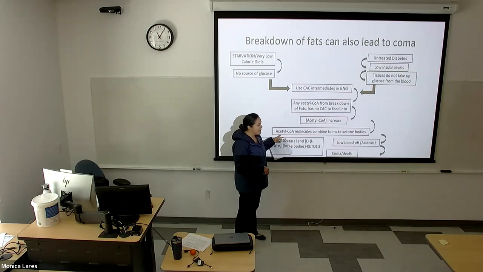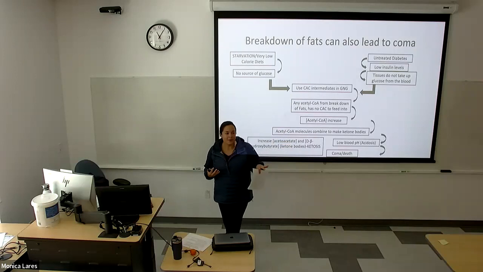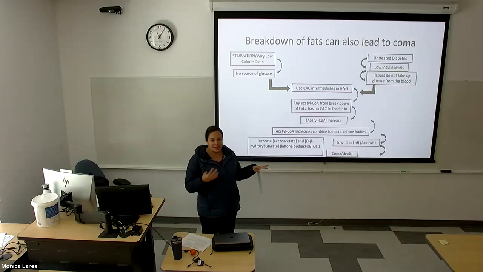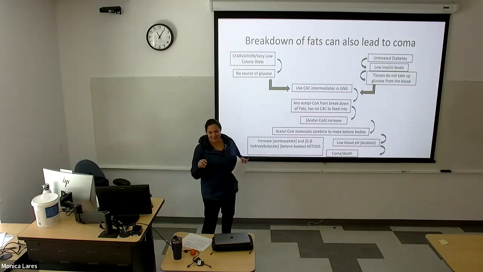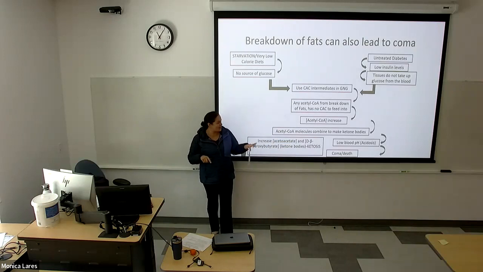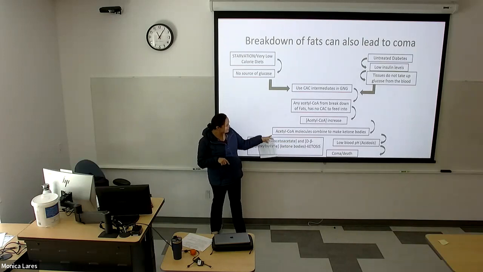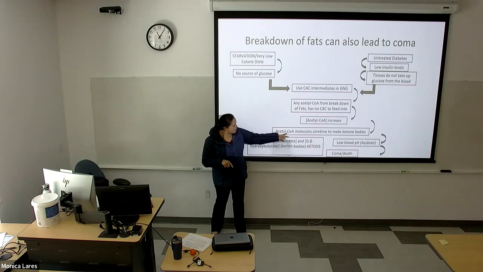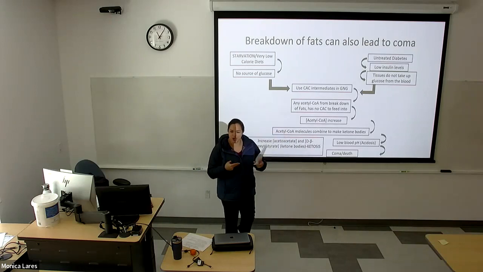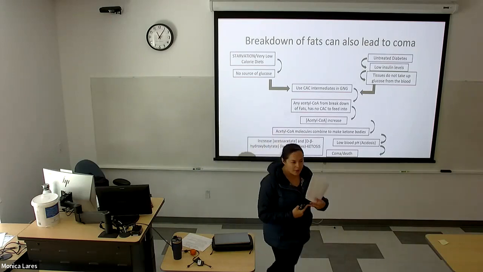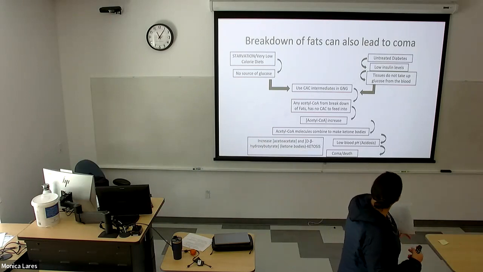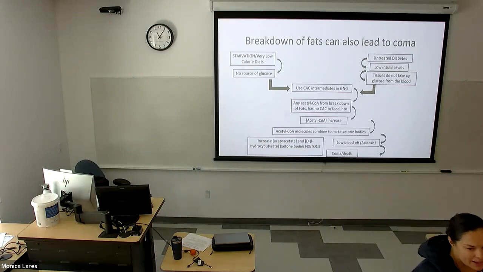Again, this comes at the end of chapter 17, but I found it helpful to bring it up at the beginning, so when we get to the end, it'll make even more sense. Keep this in mind when we're thinking about the breakdown of fats. Those acetyl-CoA molecules start to combine with each other, those two carbon molecules, and that is what makes ketone bodies.